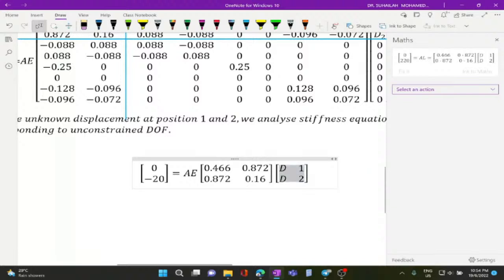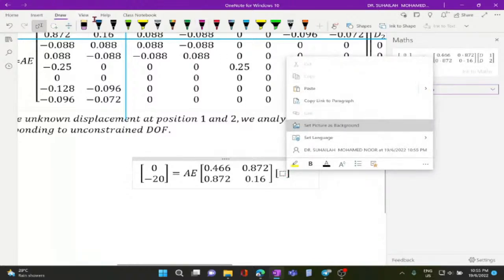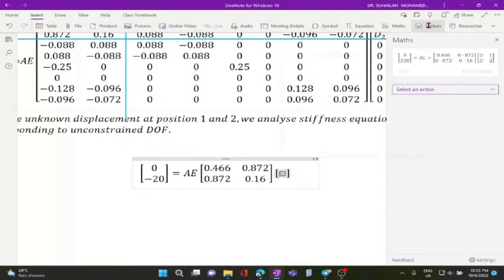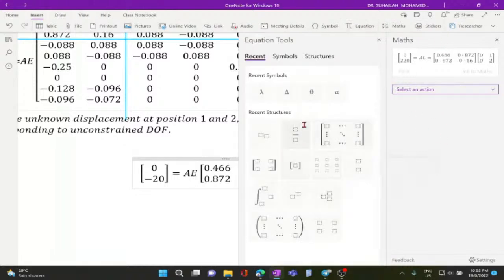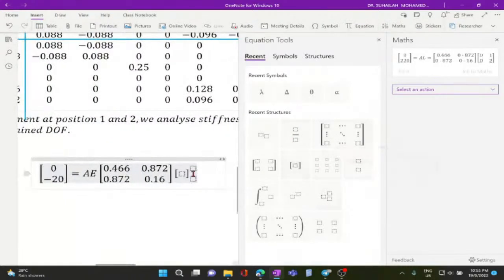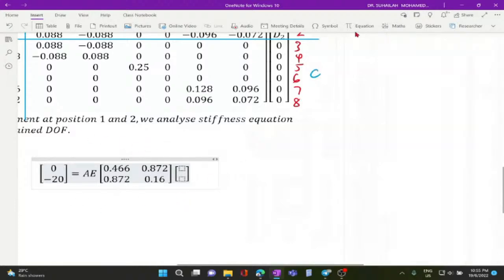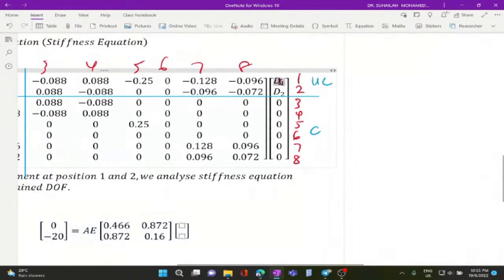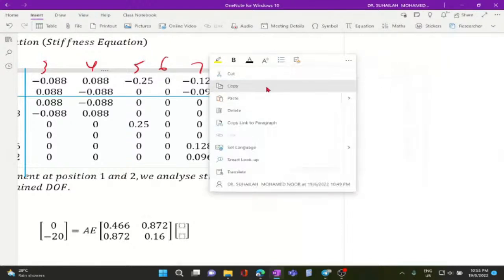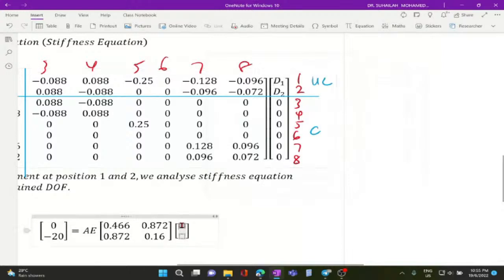And we get D1 and D2. This is D1, and D2.